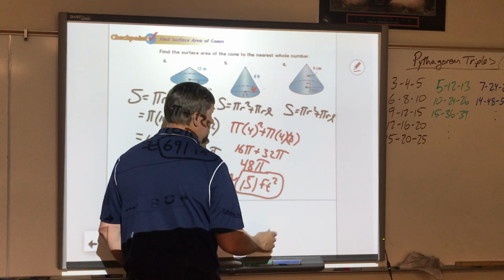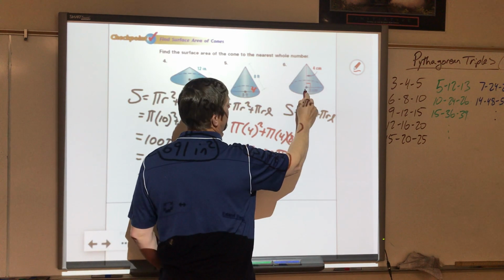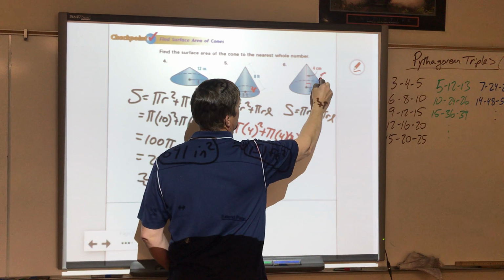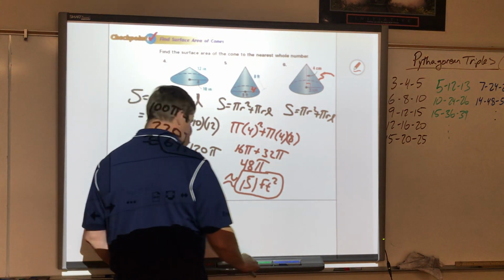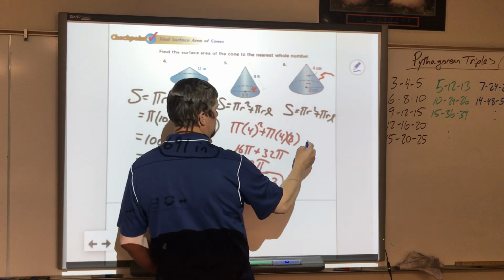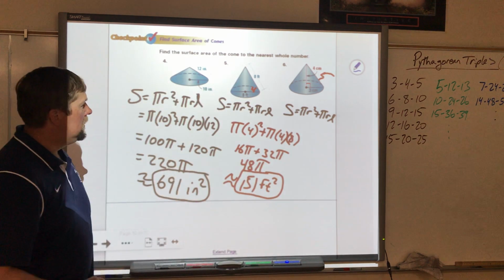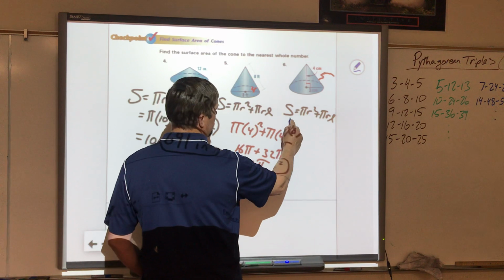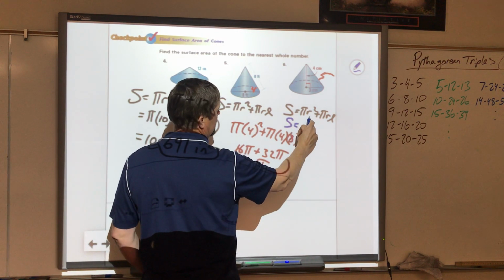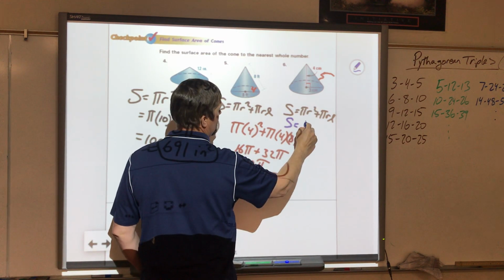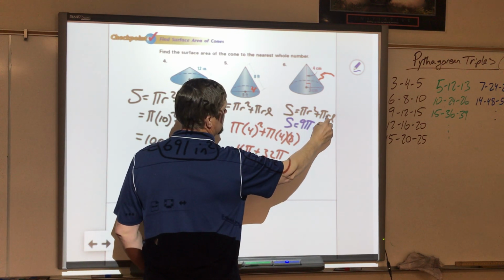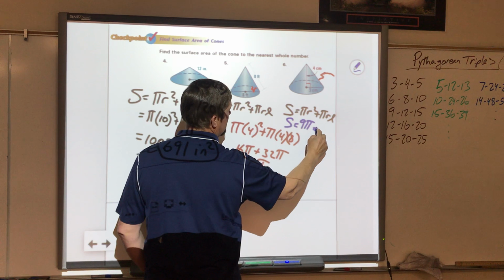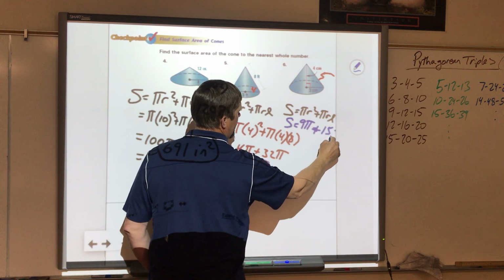And the last one, since the height is 4 and the radius is 3, we know the slant height is 5. 3, 4, 5 is a Pythagorean triple. So I used the formula here. The surface area is the radius squared, which is 3 squared, which is 9 pi. R is 3, the slant height is 5, so that's 15 pi.